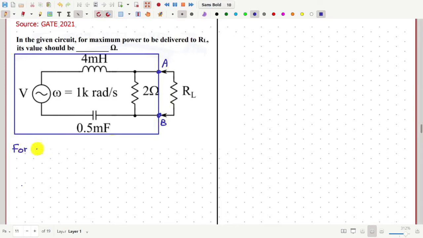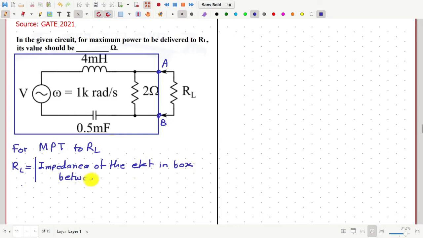So for maximum power transfer to RL, RL should be equal to the magnitude of the impedance of the circuit in the box between terminals A and B. Now we have to find the impedance of this circuit between terminals A and B, and that we have to find by replacing this source with its internal impedance, which is 0 for an ideal voltage source.